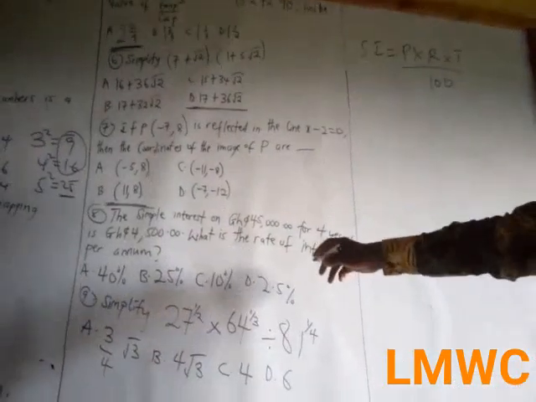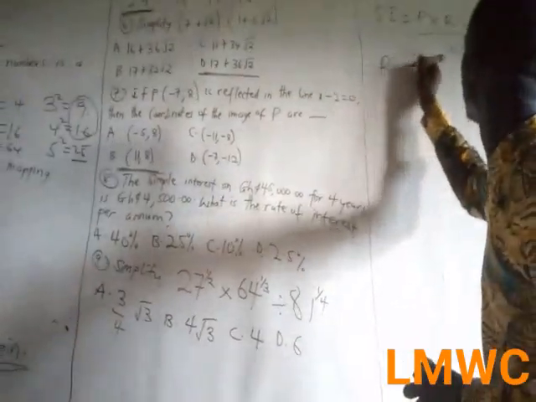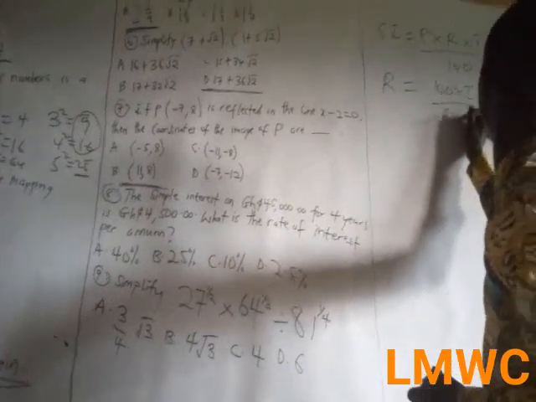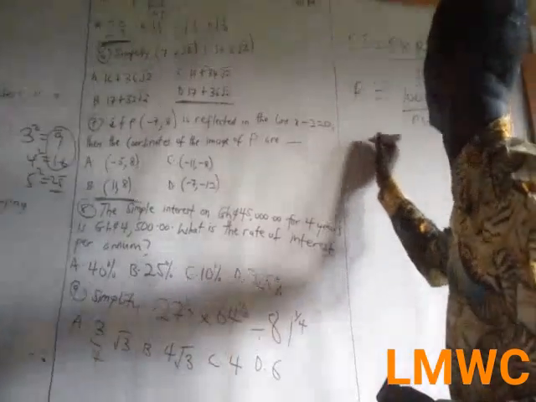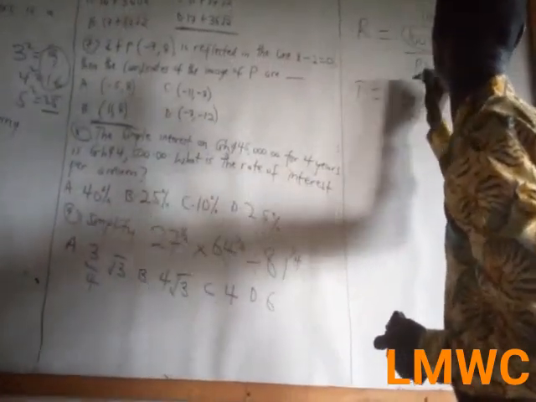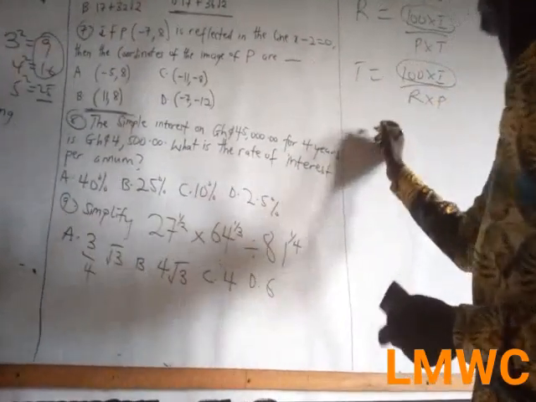So they are asking you to find the rate, and for rate, the formula is 100 times interest over principal times time. And when you want time, it's 100 times interest over rate times principal. Always this one, the 100 times interest here is constant on top. It runs through all the formulas.